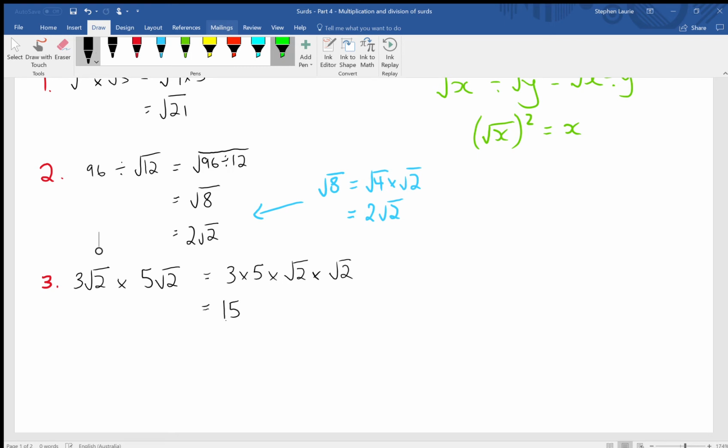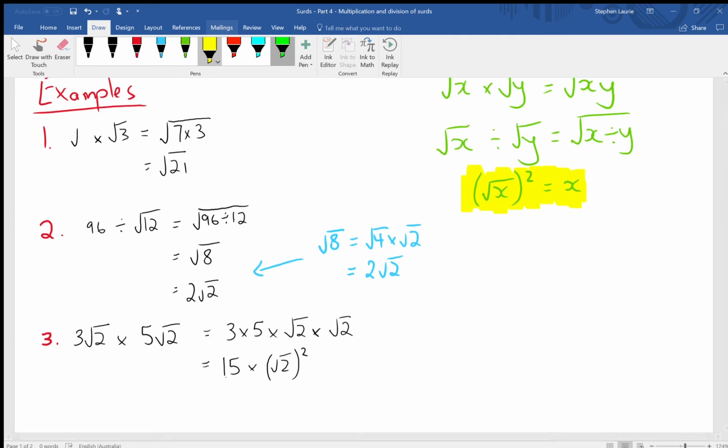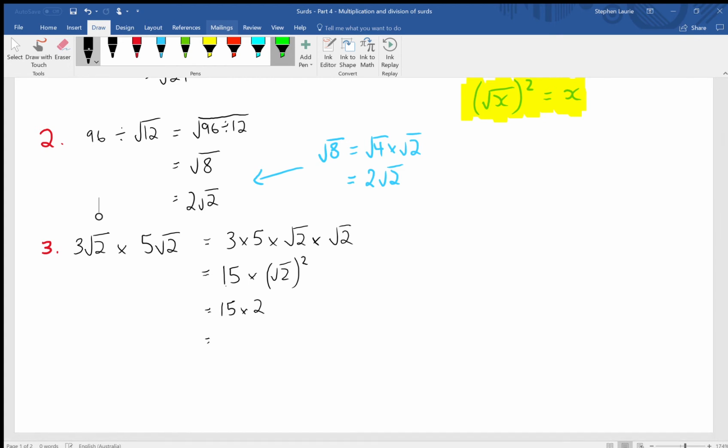And then second, we've got the square root of 2 times itself, or we could rewrite that as the square root of 2 squared. But based on our rule, the square root of x squared is just x. So the square root of 2 squared is just 2. 15 times 2 equals 30. There's our answer for example 3.